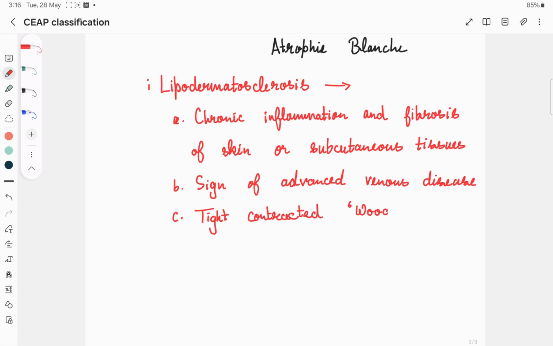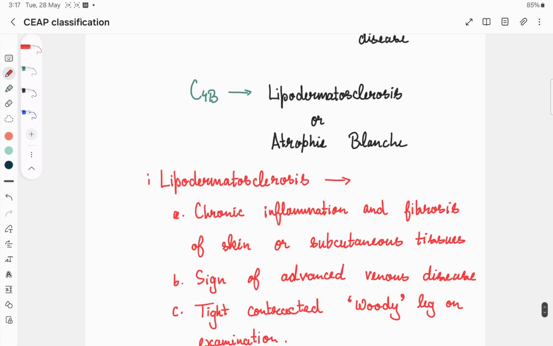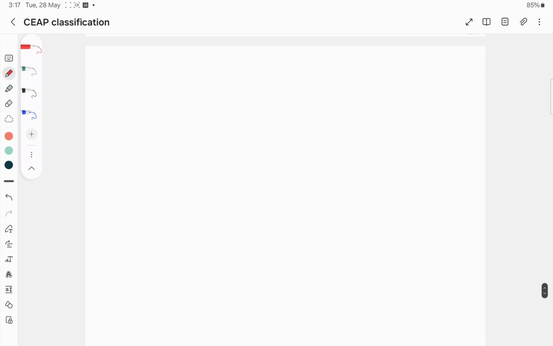And it is a tight contracted woody leg on examination. So when we examine, we'll find a tight contracted woody leg in lipodermatosclerosis. What is atrophie blanche?